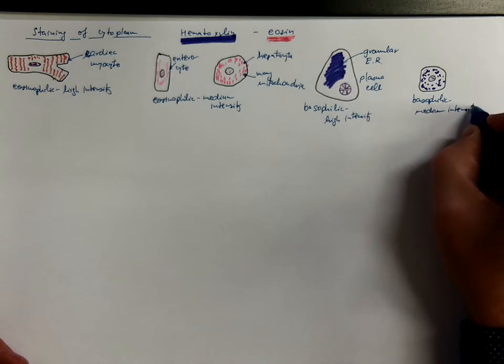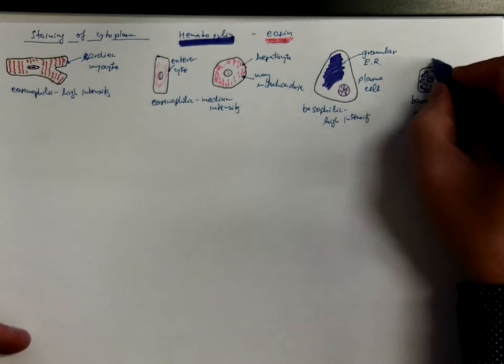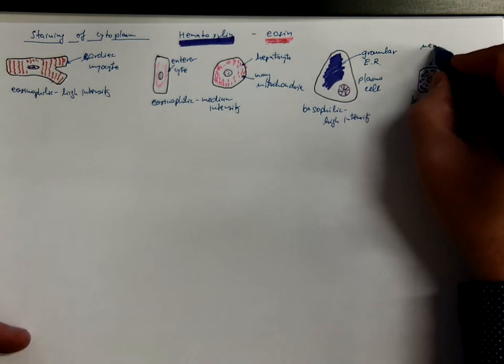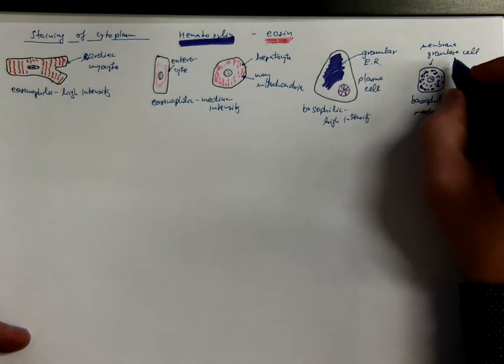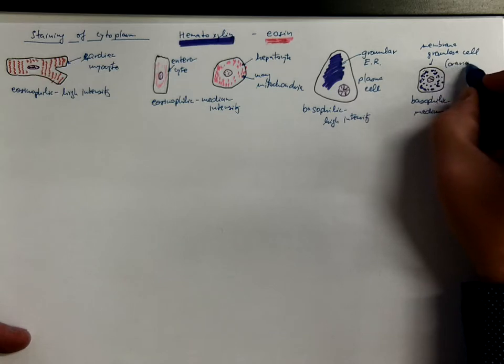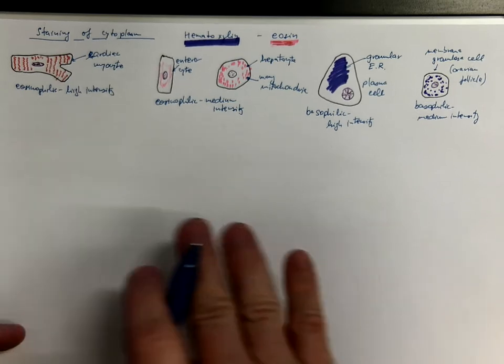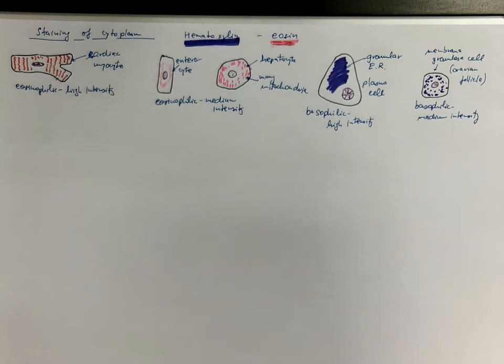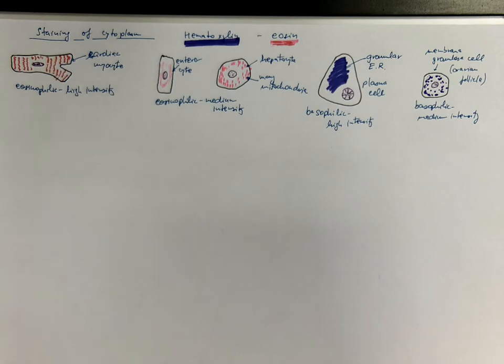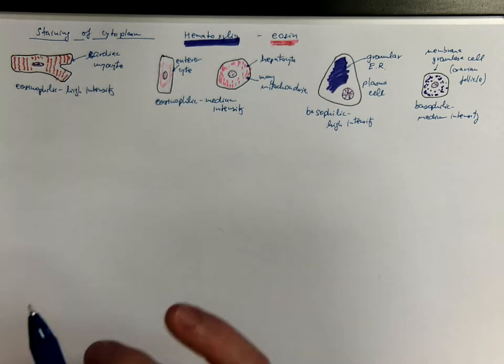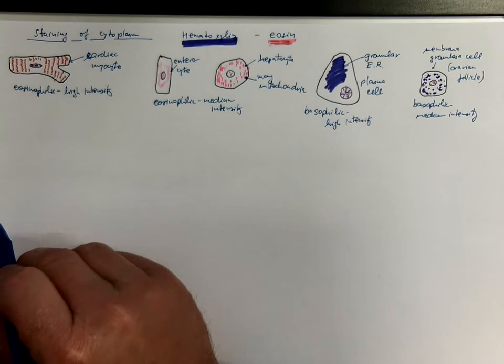Medium intensity, and that would be a membrana granulosa cell of the ovarian follicle. In reality, there is a whole palette of various types of stain. These were some examples. Let's consider also cell and cytoplasmic inclusions.